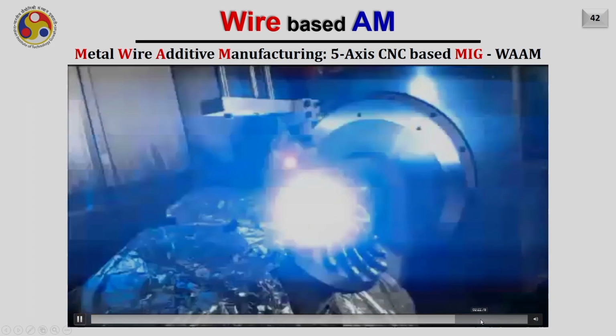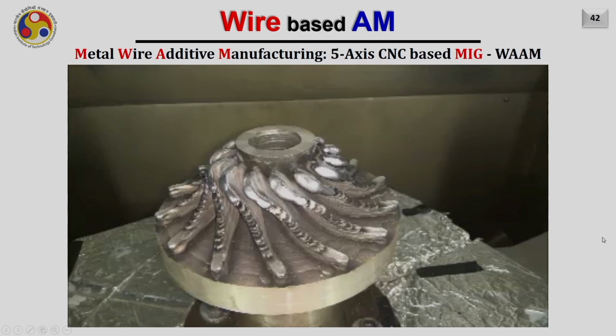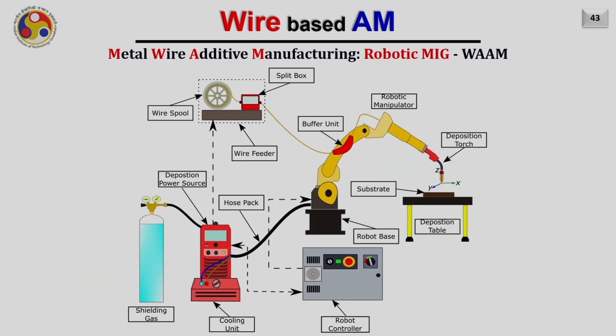After repeating it, ultimately you will be able to have a near net shape as you are seeing in this diagram. Later on the same can be finish milled to obtain the final object. Also, instead of using conventional 5-axis CNC machines, one can use a robotic arm as well.